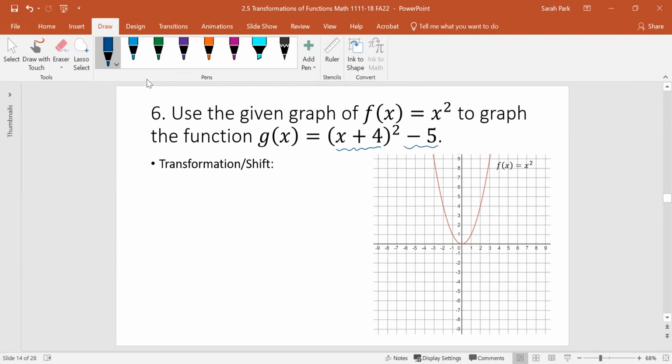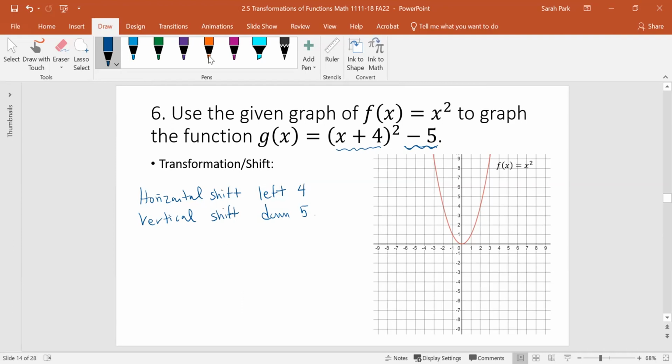So inside parentheses means the horizontal shift. And because we're adding 4, that's going to be left 4 units. And then the minus 5 means we're going to do a vertical shift down 5.